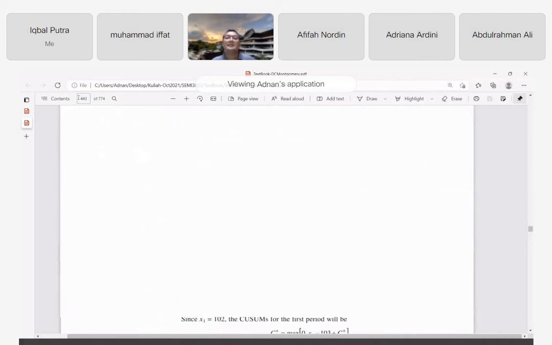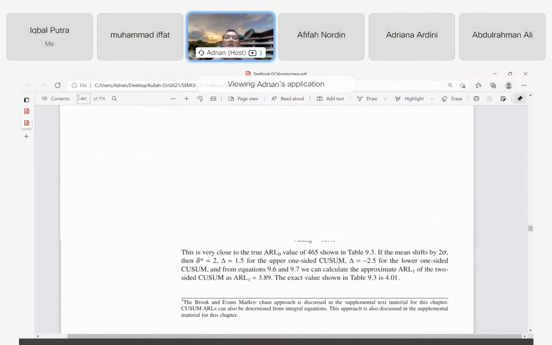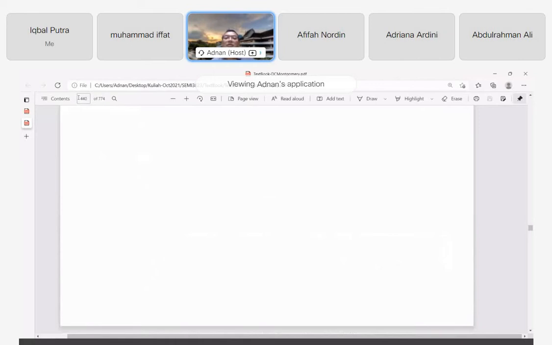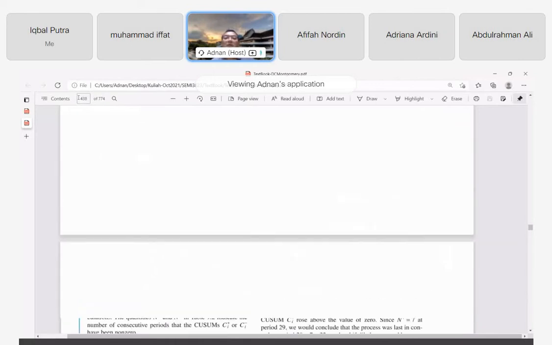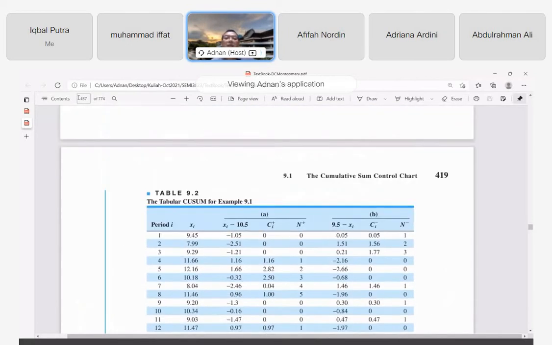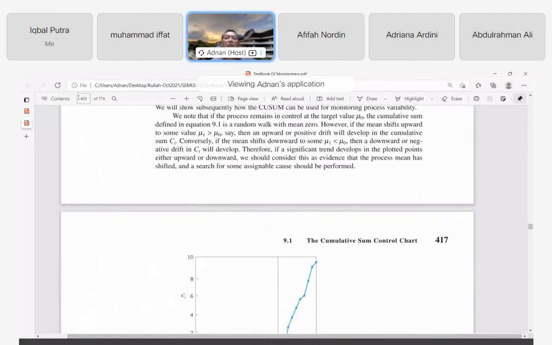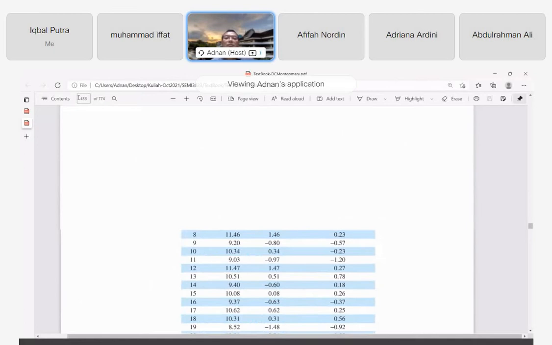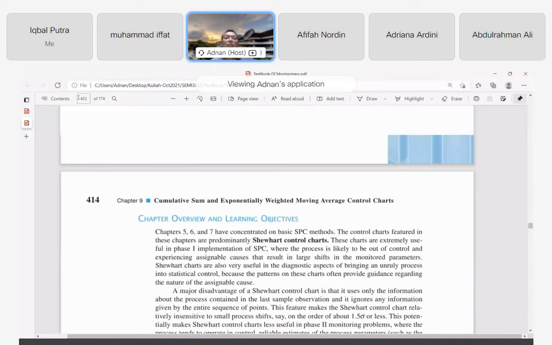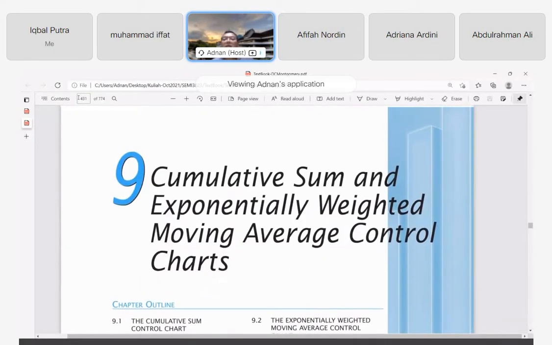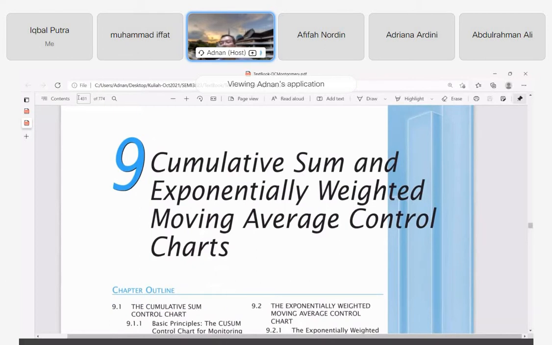Last, before the break, we already started discussing the exponentially weighted moving average, exponential moving average, and this method can also be used for forecasting. If we study forecasting, this method EWMA is also quite effective.